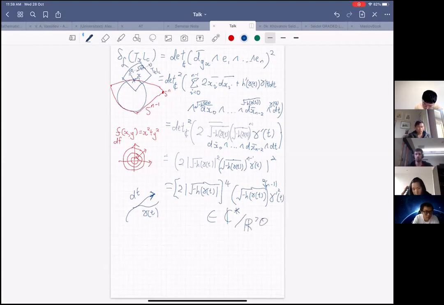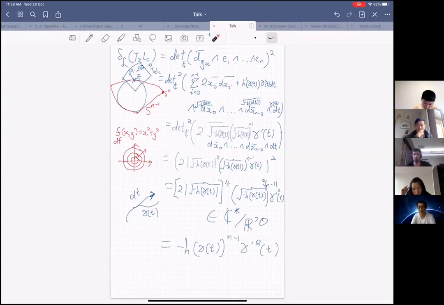So this number is actually also equal to minus h gamma t n minus 1 gamma prime t squared. If you mod out the scalar, this is this number here.